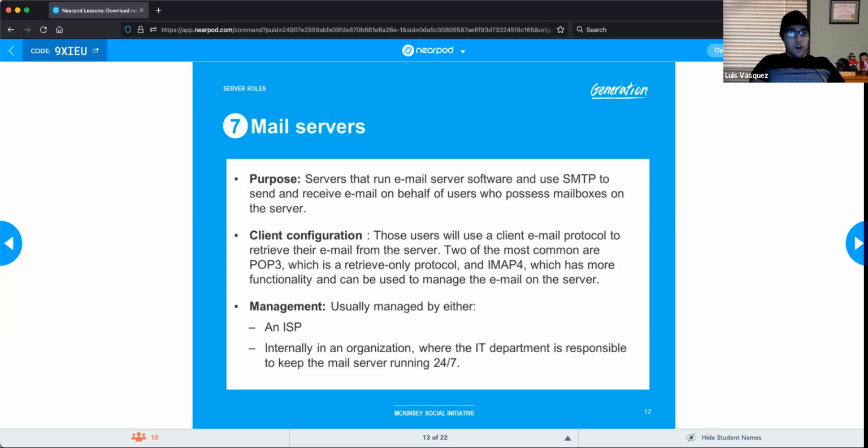Two of the most common are POP3, which is a retrieve-only protocol, and IMAP4, which has more functionality and can be used to manage the email on the server. Management, usually managed by either an ISP or internally in an organization where the IT department is responsible to keep the mail server running 24/7.